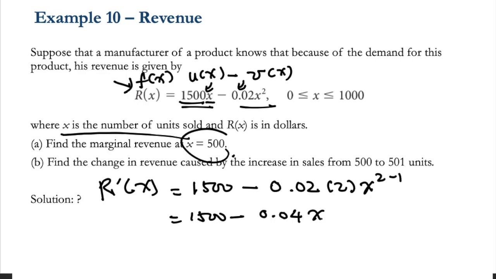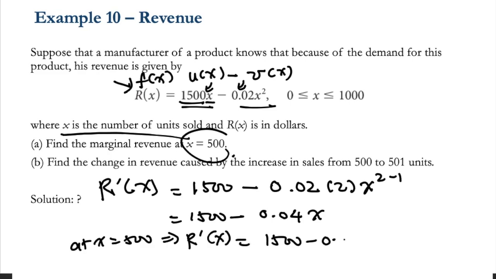Now, next what should you do? Of course, this is the marginal revenue. But if we want it at x equal to 500, what should we do? Just substitute x equals 500, then R prime x, or marginal revenue, equals 1500 minus 0.04 times 500.